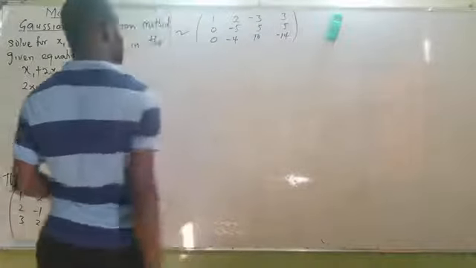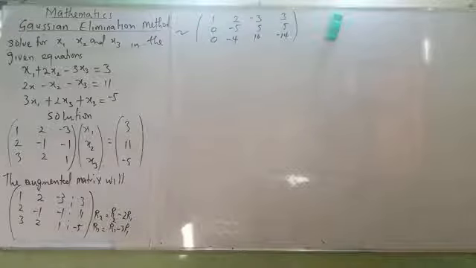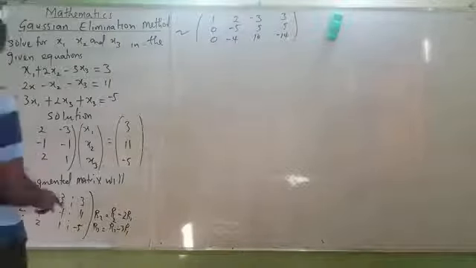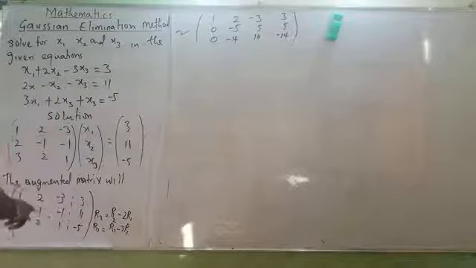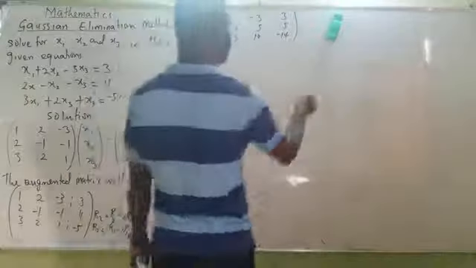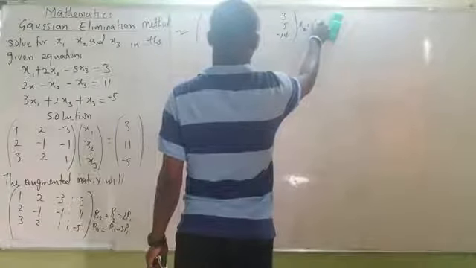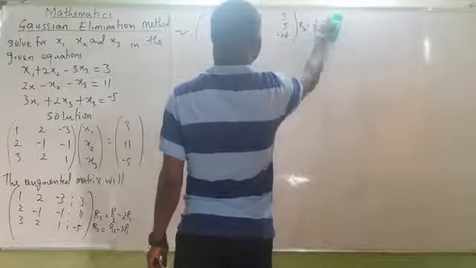Now, that is what I'm going to have there. Is it 14 or 9? I hope I'm not making a mistake. No mistake. Now, I can say that my row 2 can be equal to 1 over 5 row 2.